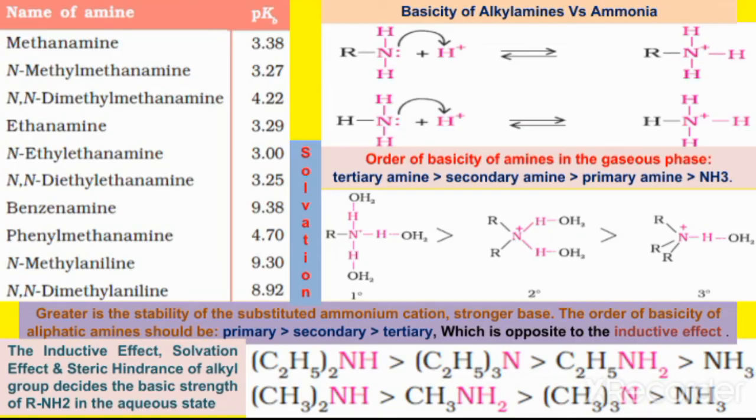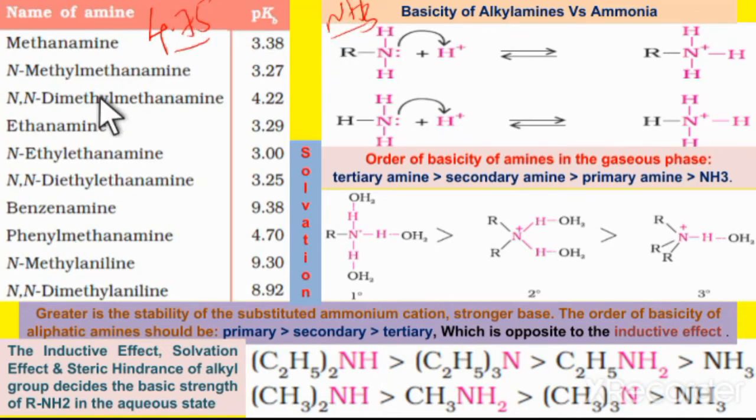In the case of the simplest amine, ammonia, the pKb value of NH3 is 4.75.